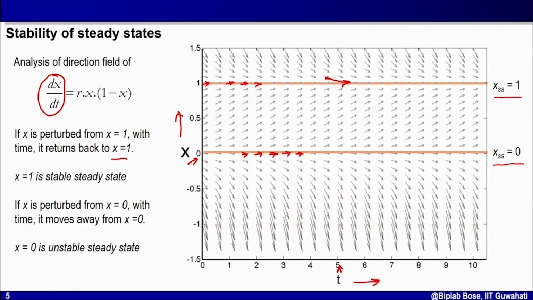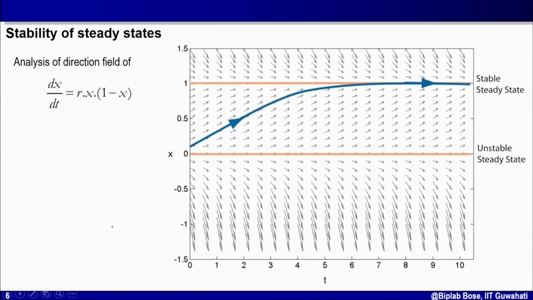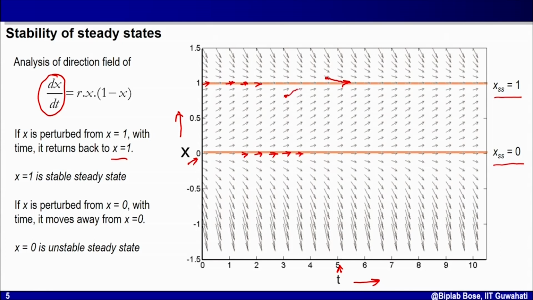Let us take another point. Suppose I am somewhere here at time 3. Now I pull down the value of x slightly at this point. If I leave x, with time x will evolve along this direction field, and ultimately settle at x equal to 1.